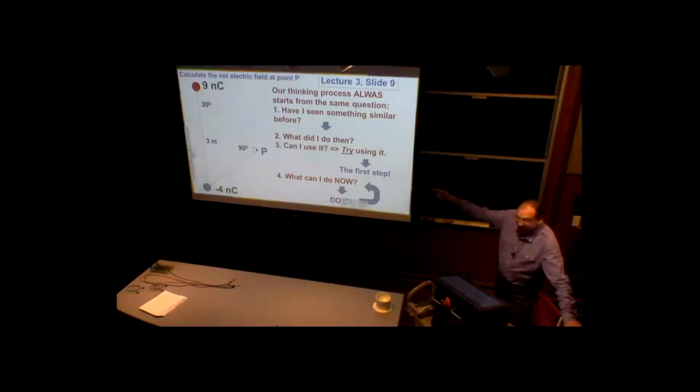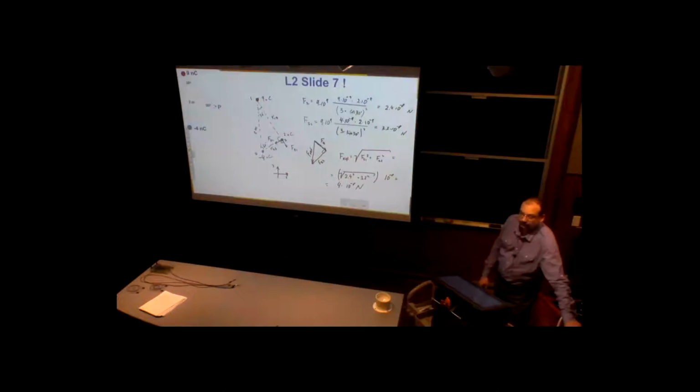Now, we have seen this situation. We actually have it solved. We literally have found the magnitude of a net force acting on a charge placed at that point. So we don't have to repeat this again. We can just use that information, right?